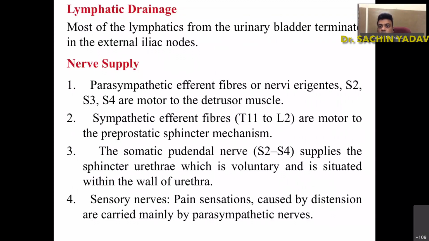And there is the afferent supply from the somatic pudendal nerve, S2 to S4, which supplies the sphincter, which is voluntary and situated within the wall of the urethra. The sensory nerve is the afferent. Pain sensation caused by the distension is carried mainly by the parasympathetic nerve. So the pain sensation of the full urinary bladder is carried by the parasympathetic.